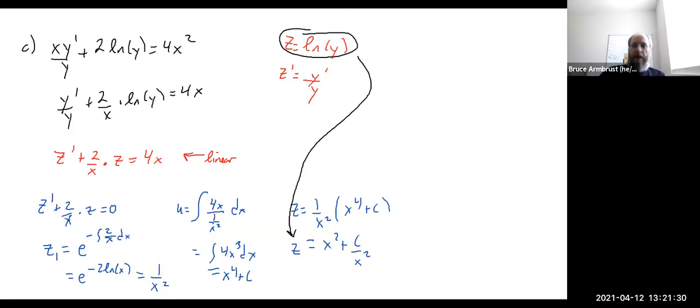So if we put that together with what's down here, we get the natural log of y is equal to x squared plus c over x squared, which means if we even want to get the actual y value, we can get this in explicit form. y is going to equal e to the x squared plus c over x squared.